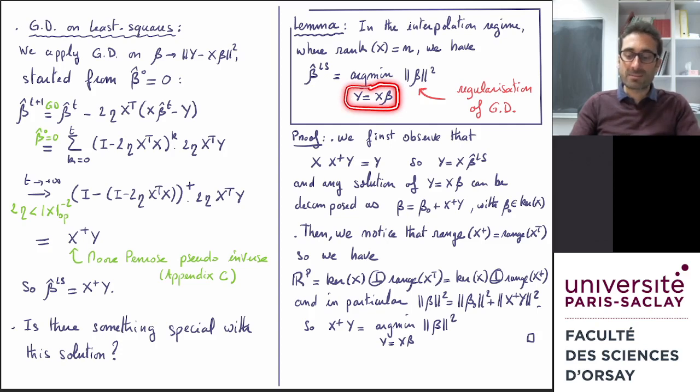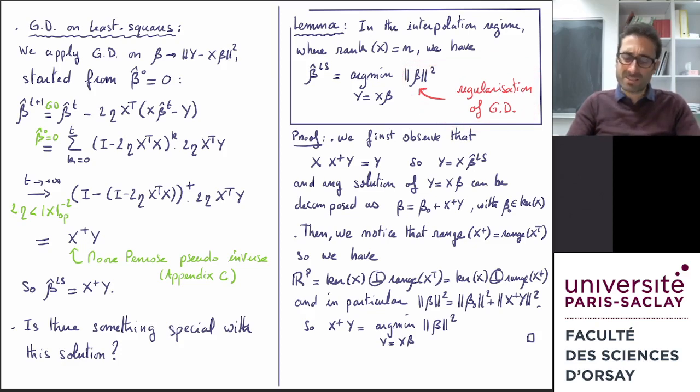Any minimizer of the least squares criterion must interpolate the data. But among all the betas that interpolate the data, it will select the beta with the smallest norm. So by doing gradient descent, you select a specific interpolating solution, which is the solution with the smallest norm. This really corresponds to a regularization effect of gradient descent.